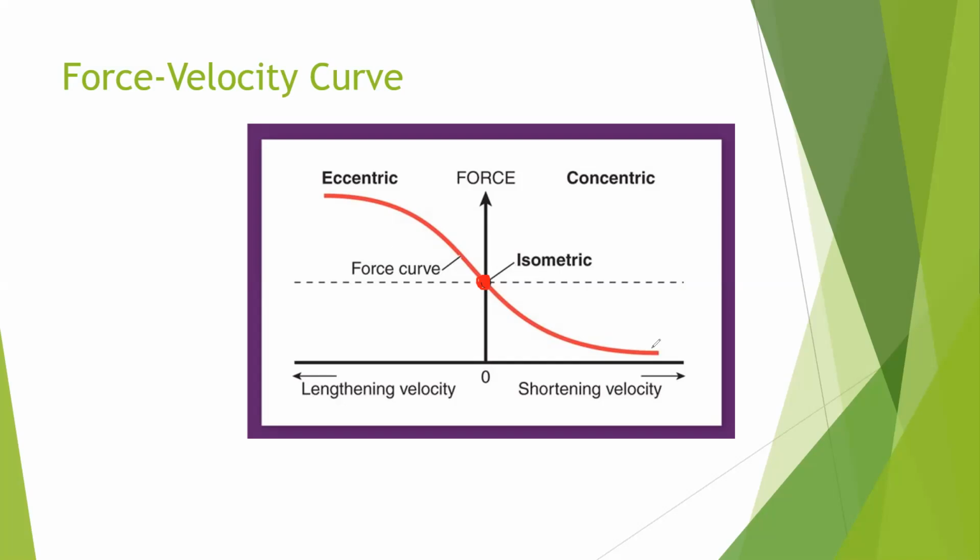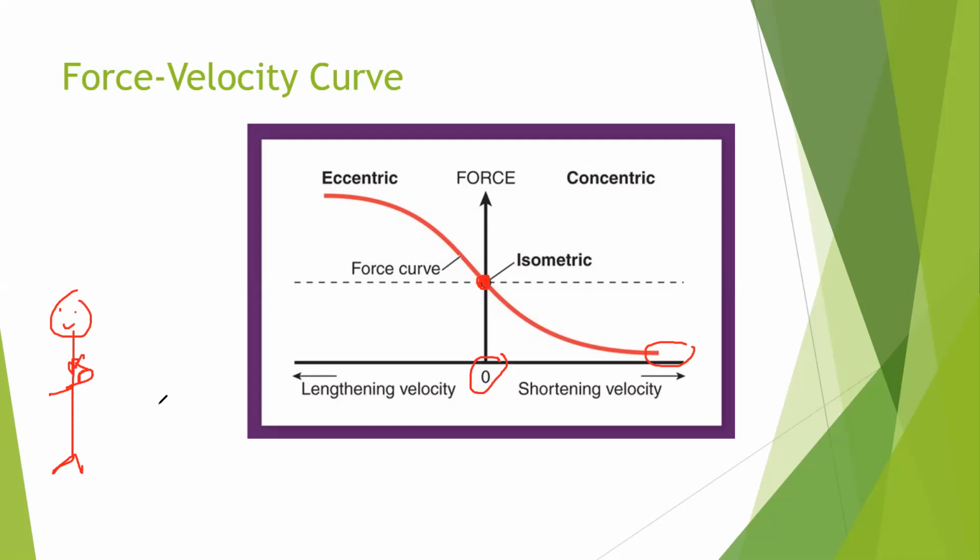Now, why is it that you have low force production at the end of a concentric contraction? Well, if we think about this, when you're at the end of a muscle contraction, or let's say of a concentric contraction, and I bend my hand here, at the end point here, I have nowhere to go.